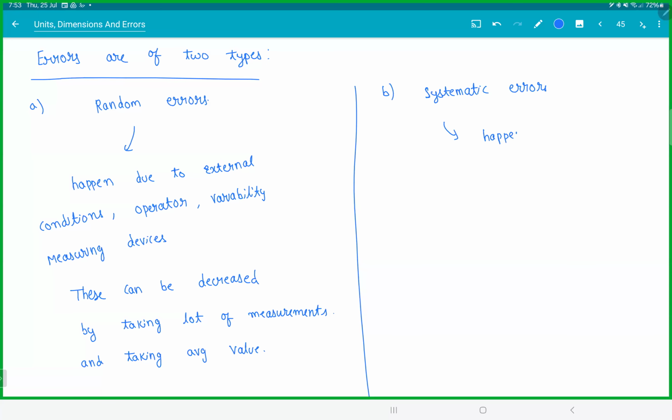So these are things which you can control. Be more careful and use proper instruments, and these can be eliminated. It happens due to error in procedure. Maybe the whole procedure you started with is wrong, or error in instruments. This can be eliminated by being more careful.